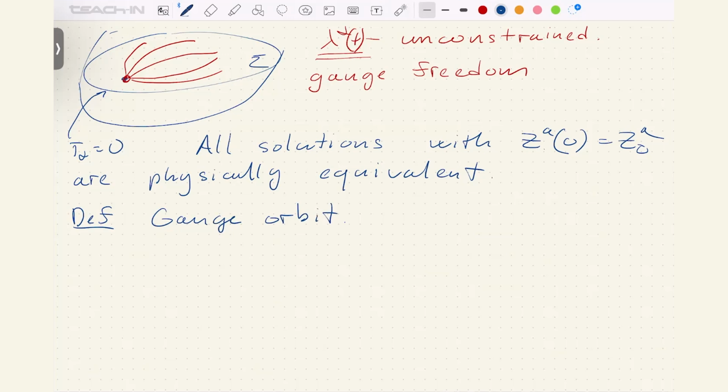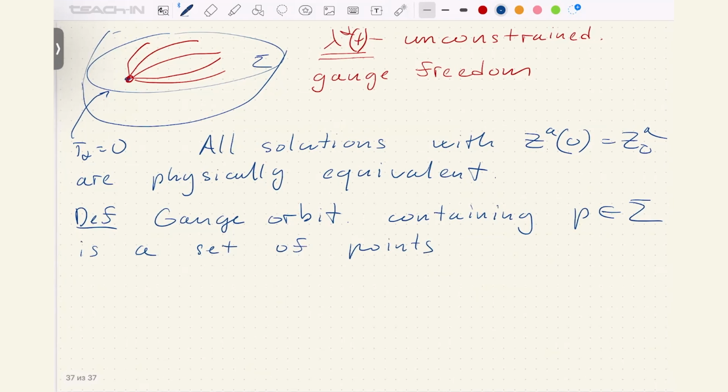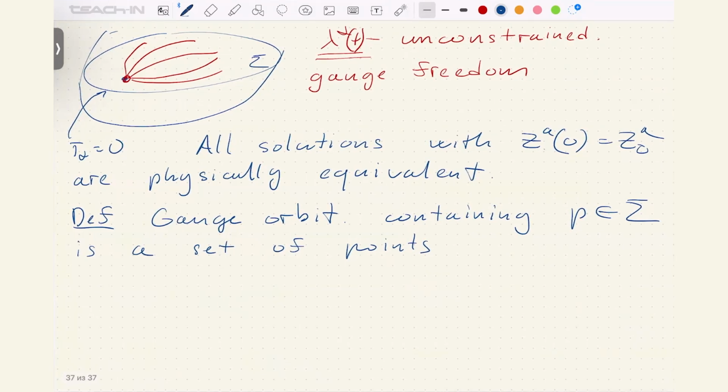Again, this term in different formalisms can be slightly different. Again, the idea is the same, but in this Hamiltonian context, the gauge orbit containing a point P in sigma, in our constrained surface, is a set of points which you can reach from P by considering gauge evolution.